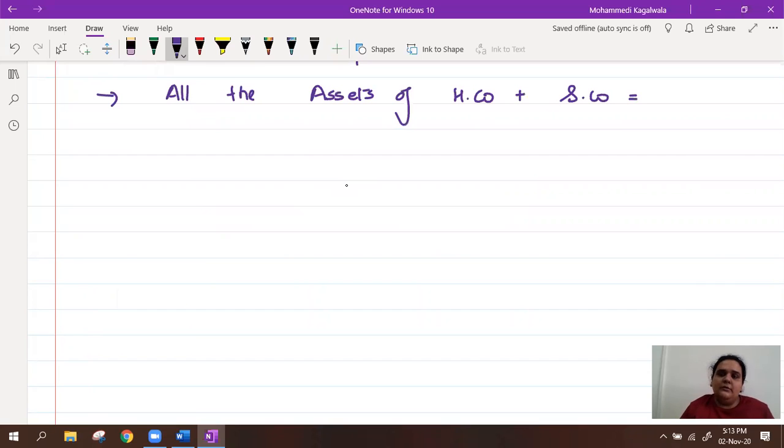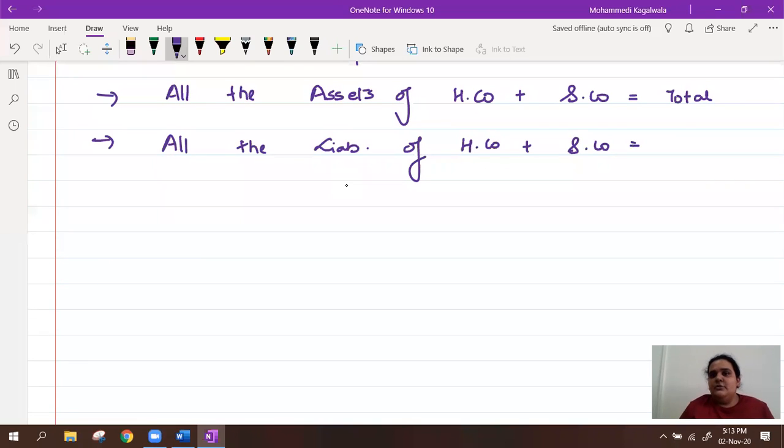So we get the total to put in our consolidated balance sheet. All the liabilities of the holding company plus subsidiary company, again we add. So here we will get total assets of the consolidated balance sheet, and here also I'll get my total liabilities. It is as simple as that.